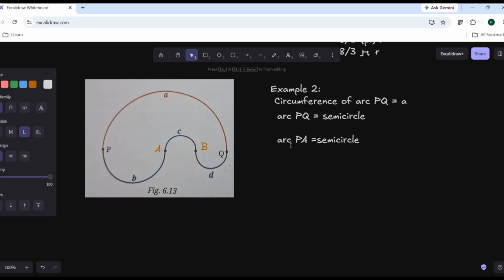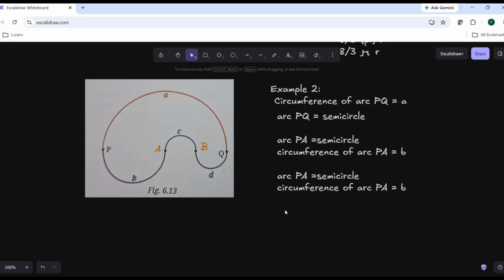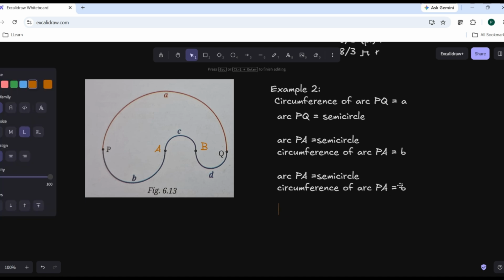We have also been given the circumferences. Circumference of arc PA is B. Now AB.